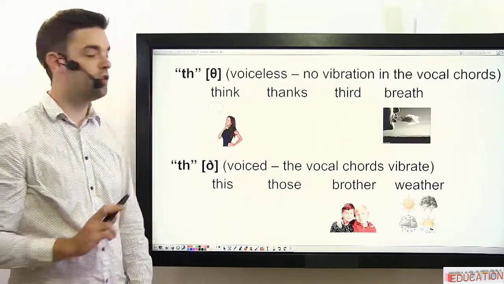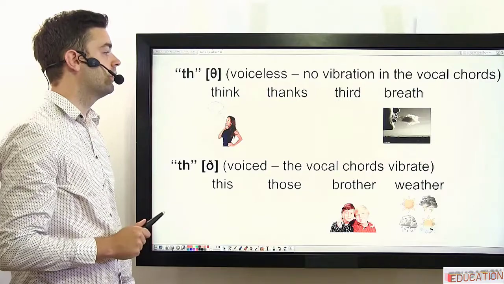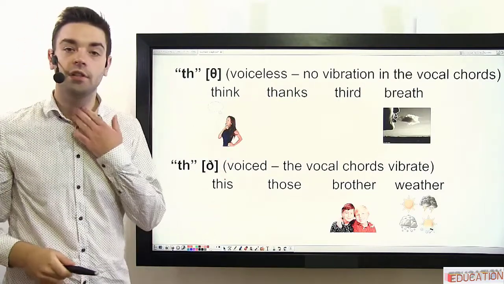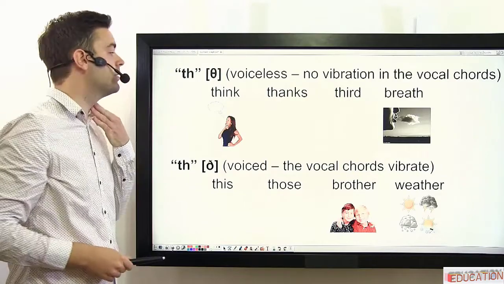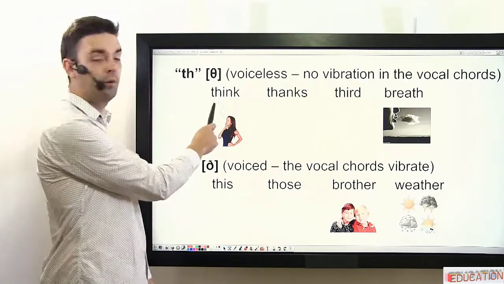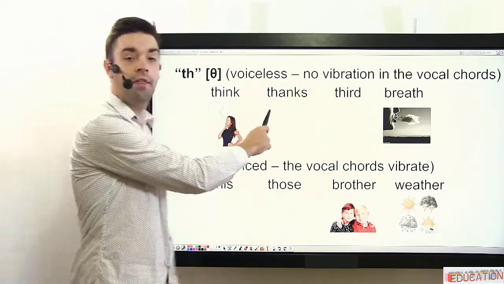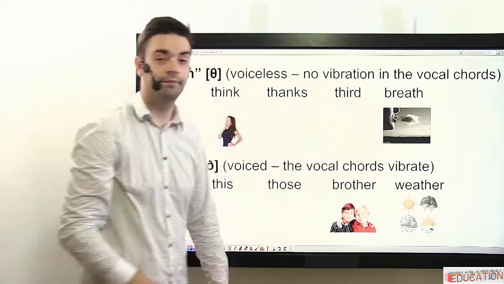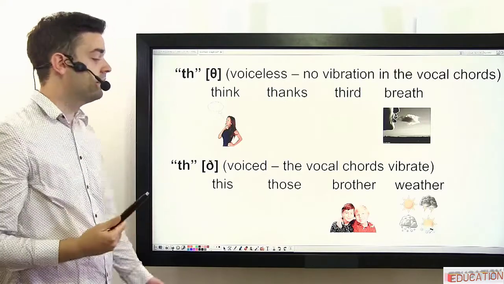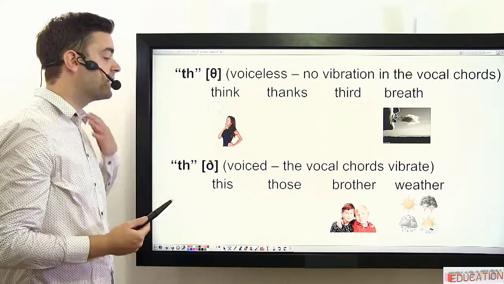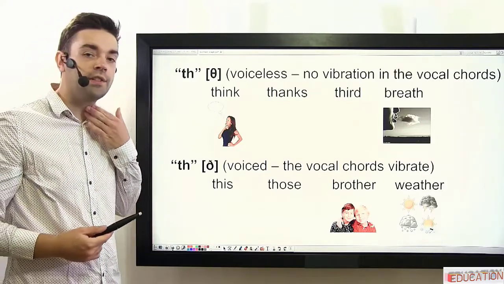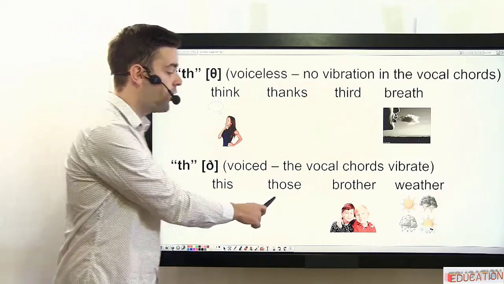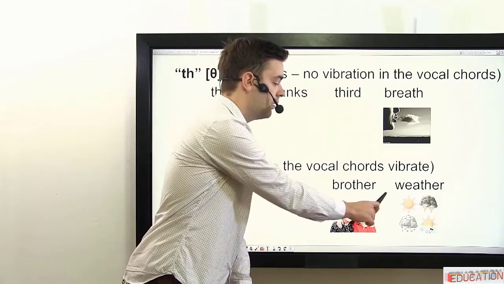And there are two types. So we've got voiceless, so no vibrations in the vocal cords. So, for example, think, thanks, third, and breath. The other kind is voiced, so it makes a sound and vibrates the vocal cords. So this, those, brother, weather.